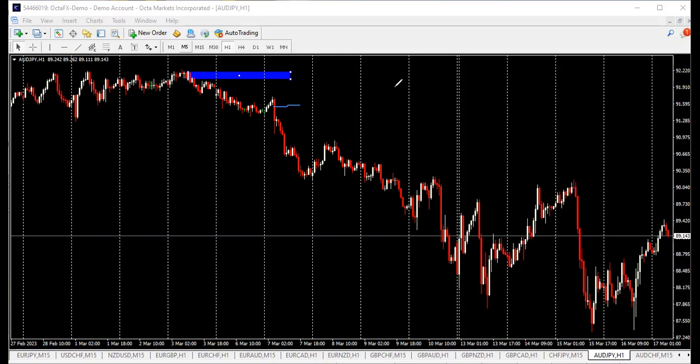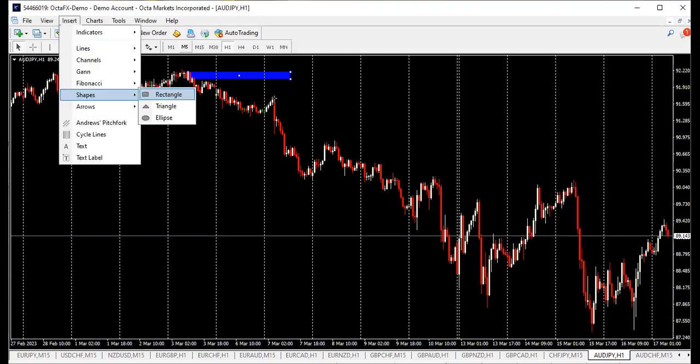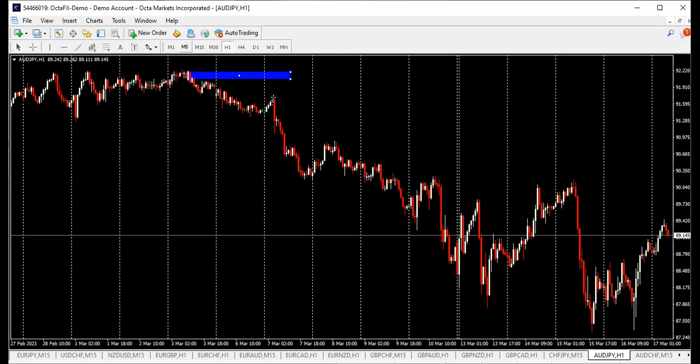So I'm going to want to draw the order block here, just for this body.